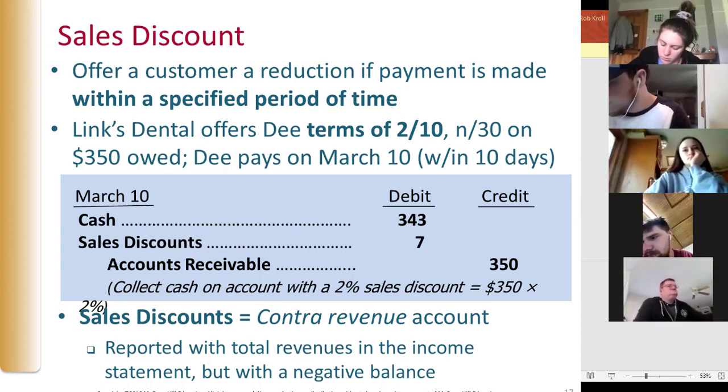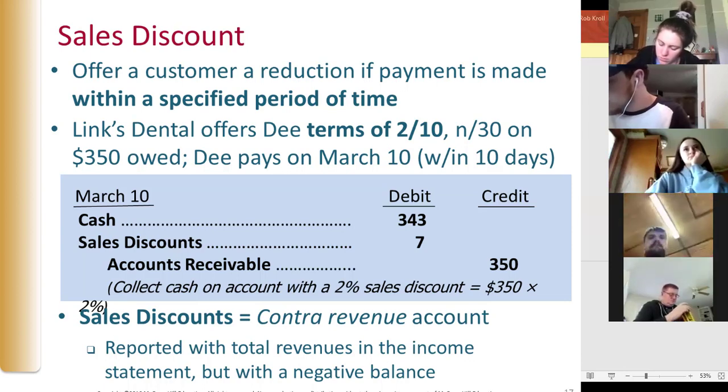Now it could say 4/20, it could say 5/5. Those numbers don't always have to say 2/10. The percentage is always the first number and the number of days to utilize the discount is always the second number. Okay.